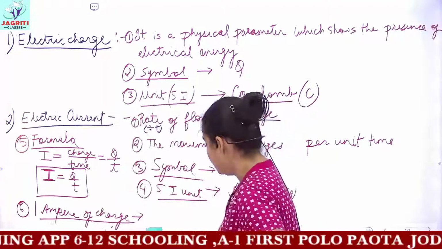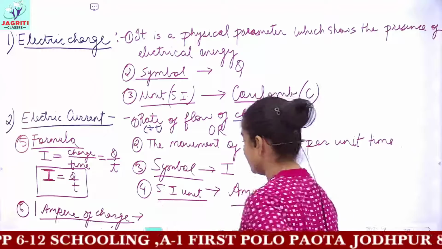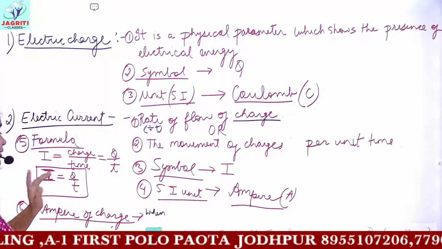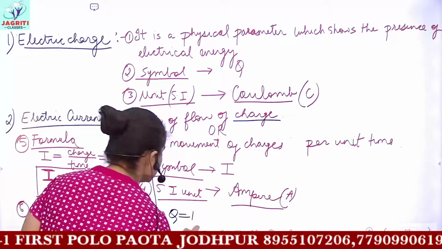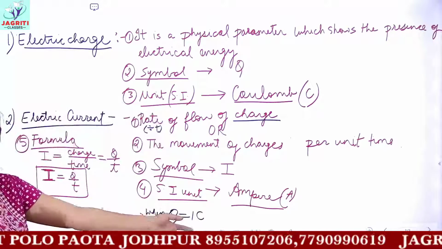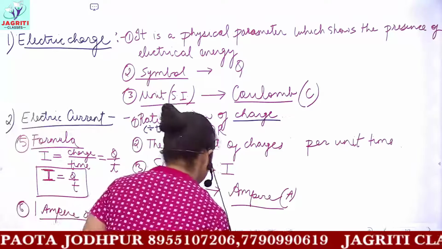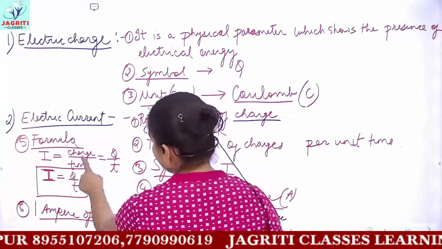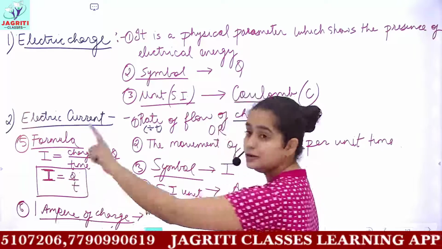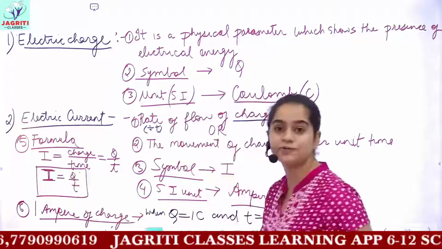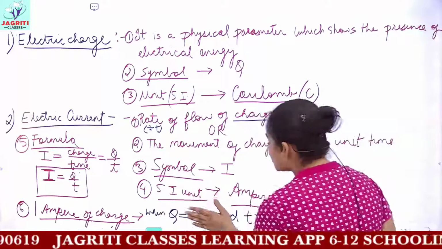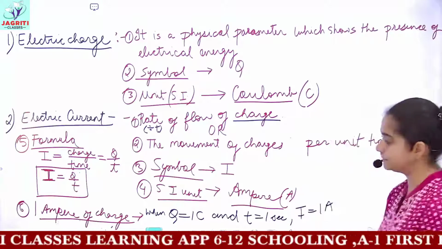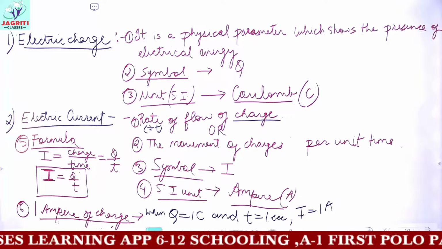So let's see. 1 ampere can be defined as, in short I am writing here, when Q equals 1 coulomb, that is charge is 1 coulomb, and when time equals 1 second, then if I substitute the values of Q and t as 1, then I would be getting the answer of current to be 1. So when charge is 1 coulomb and time is 1 second, then I comes out to be 1 ampere. So this is an explanation, and for writing the definition, see.